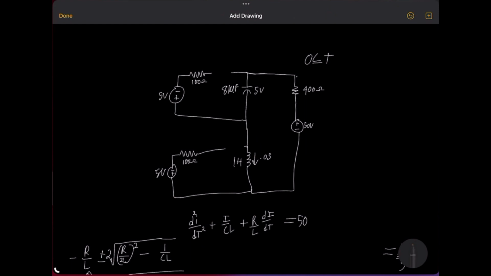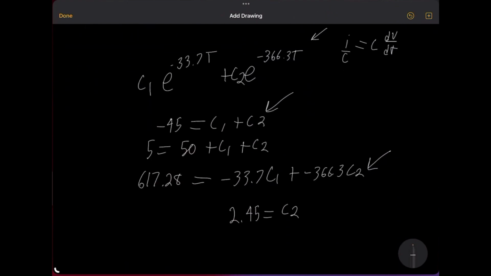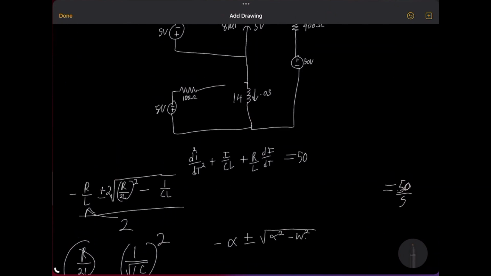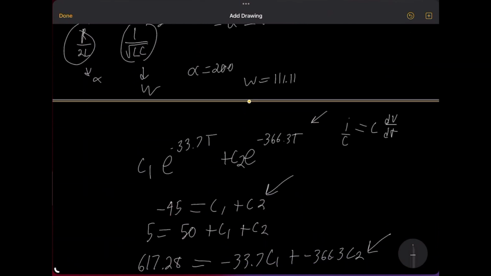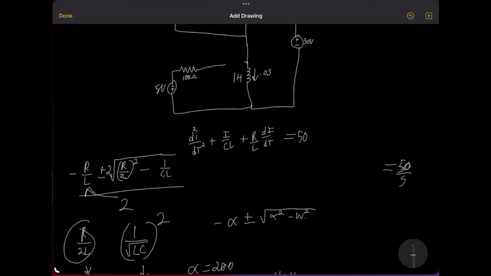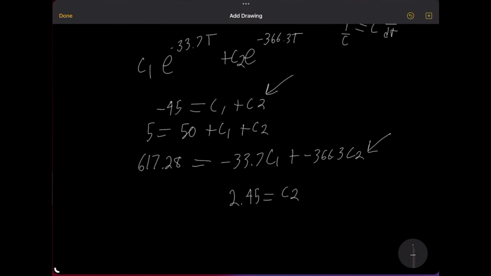0.05 divided by the inductance... Oh, that is not right. No, capacitance. What is the capacitance value? 81 microfarads, times 10 raised to the negative 6.